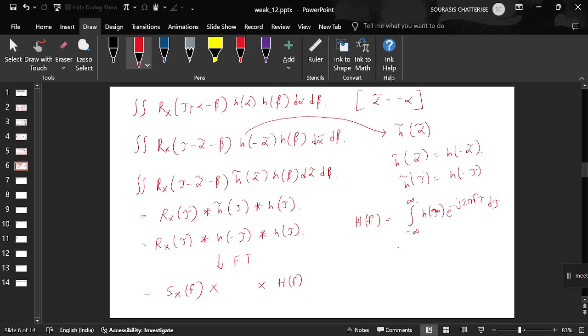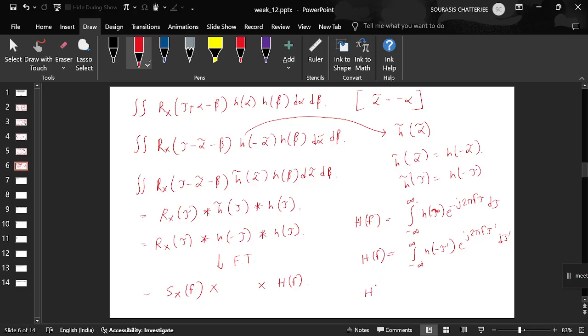So I can write the same by making the change of variable as follows: minus infinity to infinity h of, let's say I'm writing it as minus tau dash. So it will become e to the power j 2 pi f tau dash d tau dash, right? So this is what H of f is.